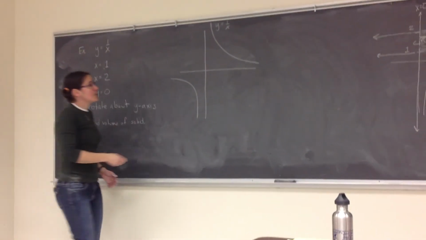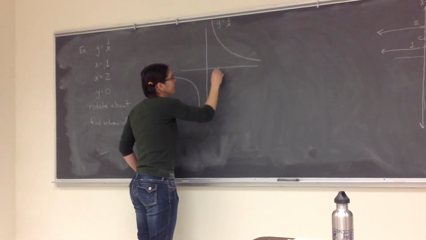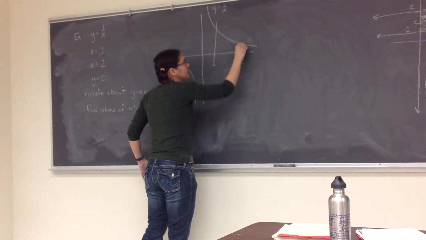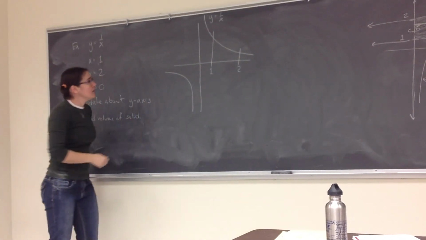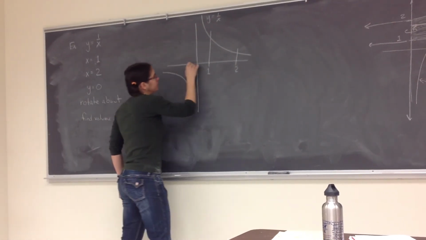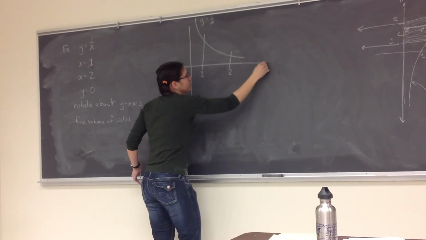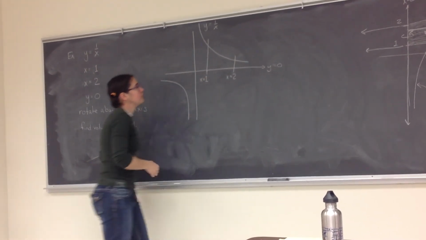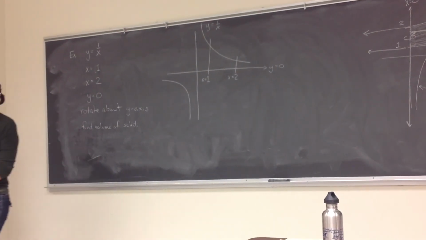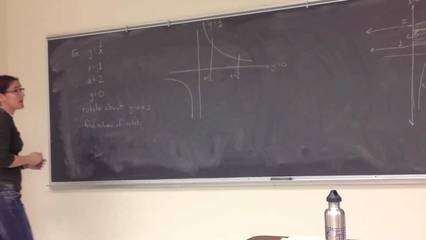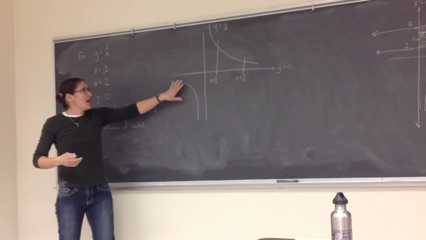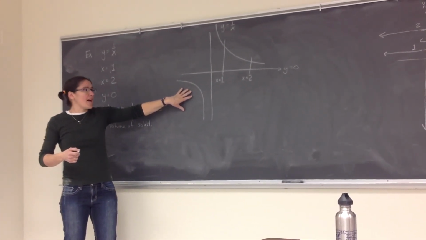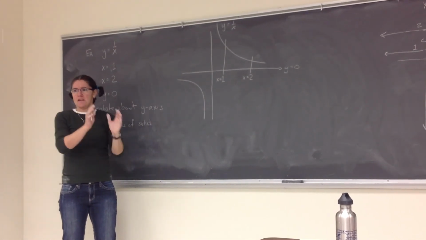I've got x is equal to 1, x is equal to 2, and y is equal to 0. Okay, so these are all the curves that I'm given, and even though I have part of y equals 1 over x over here in the third quadrant, that portion doesn't help to block off any specific region.